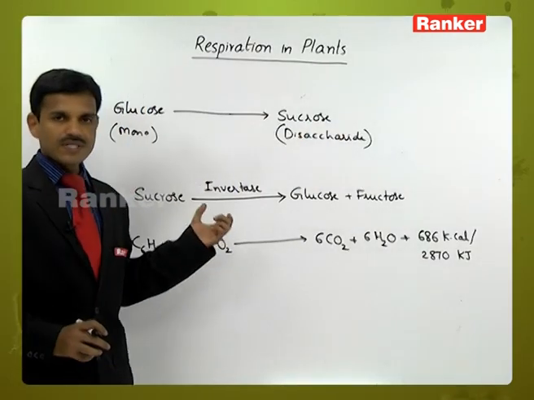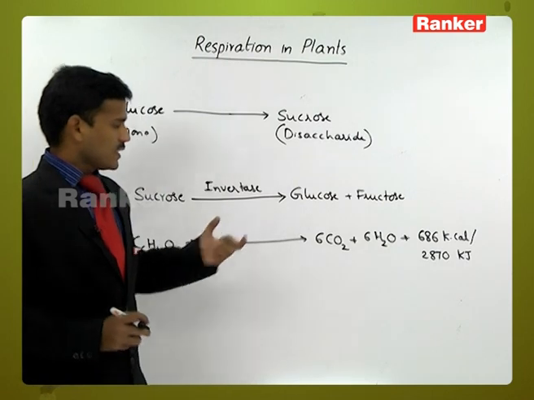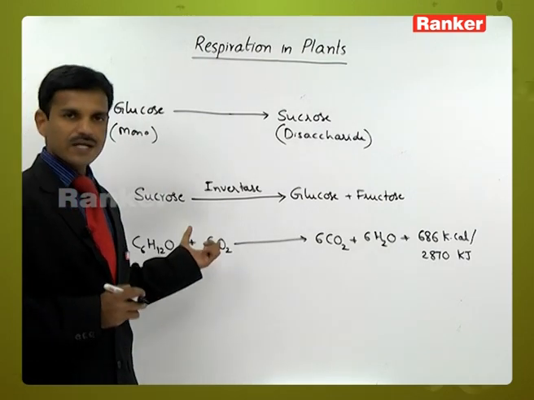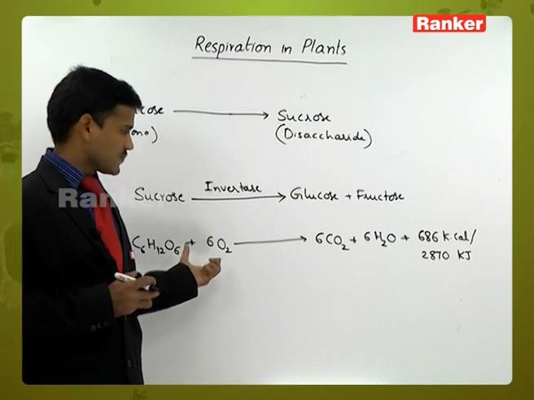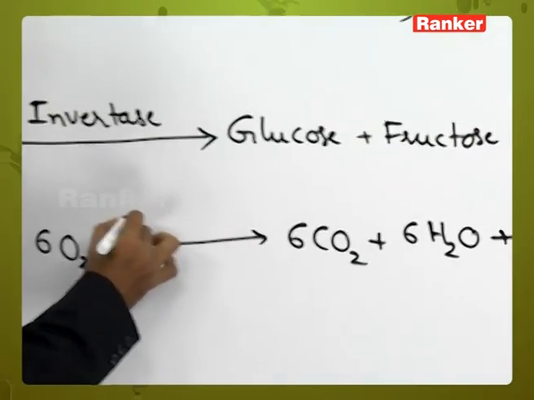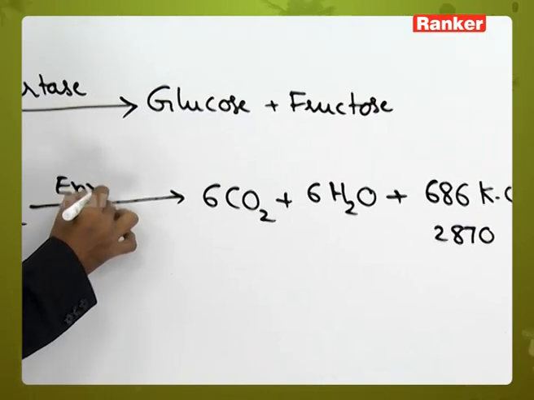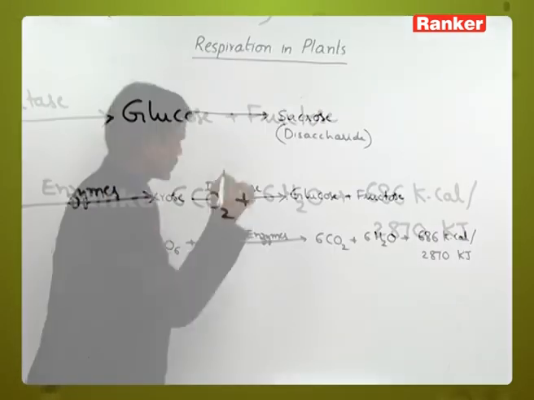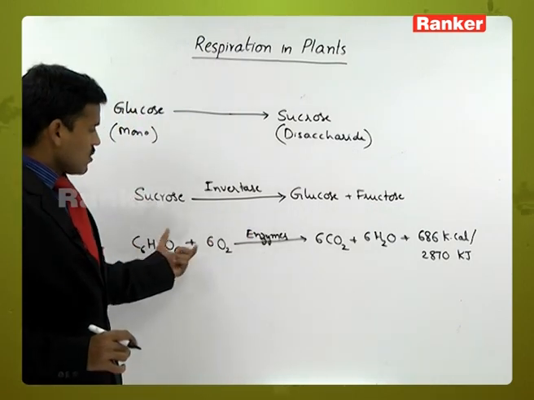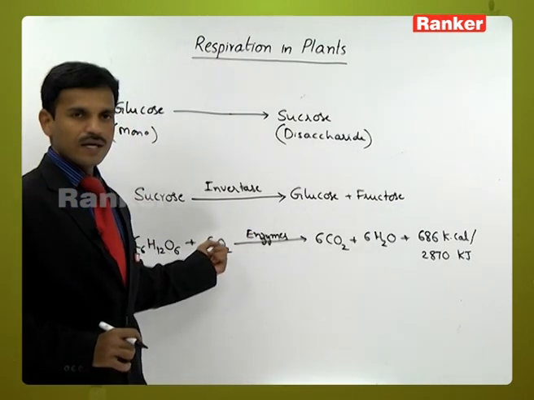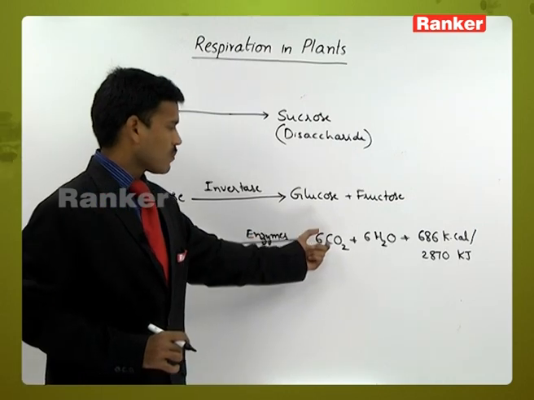Respiration is an enzymatic reaction. A number of enzymes are involved in the oxidation process. In the presence of enzymes, glucose is completely oxidized and converted into carbon dioxide and water.